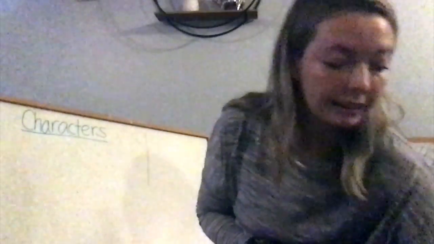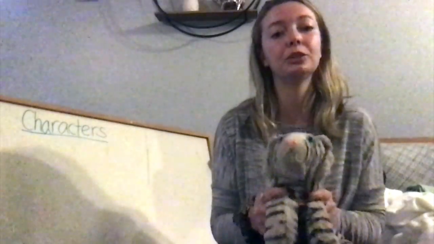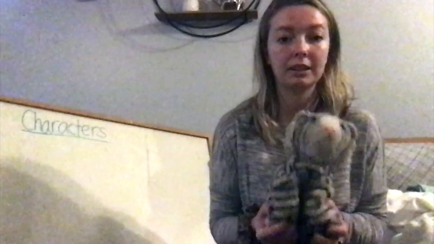So, a little activity that we're going to start out with is a describing activity. So we're going to describe the stuffed animal tiger that I have right here, okay? So we're going to pass it around the room, and every student is going to get a chance to say something about the tiger.